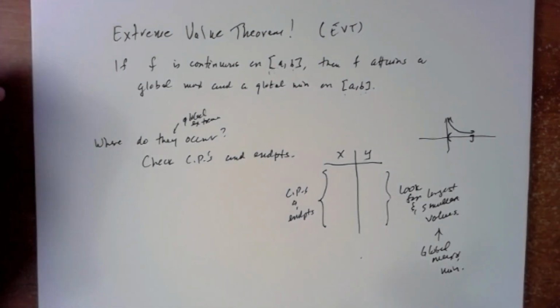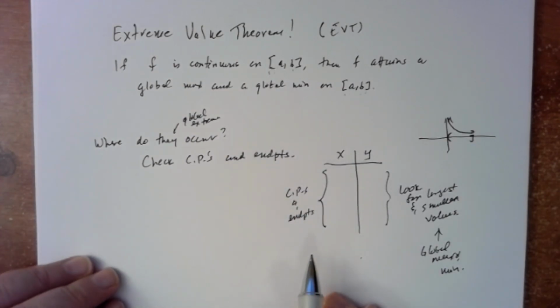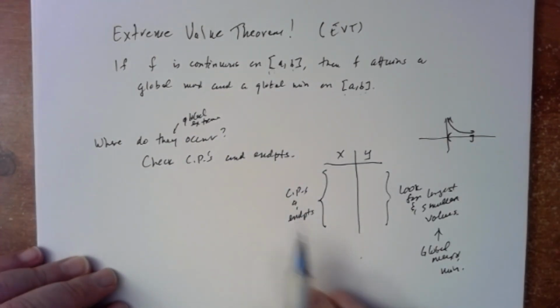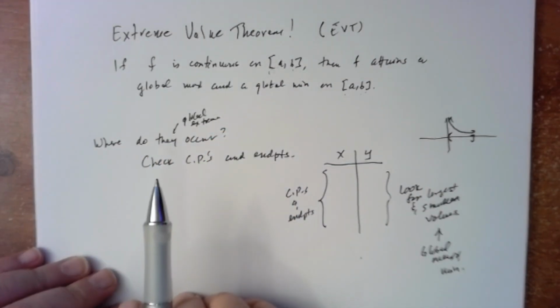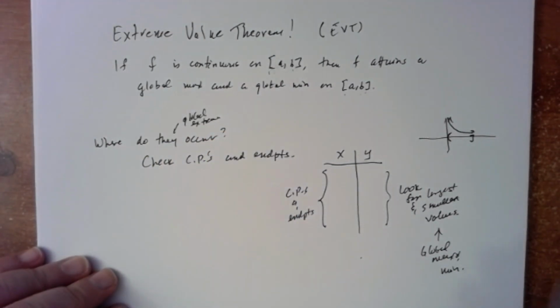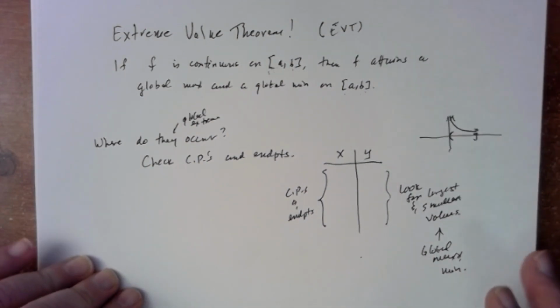This is a really easy way to check for global max and min as long as you have a continuous function on a closed interval. Those conditions are really important. So I'm going to pause and set up an example.